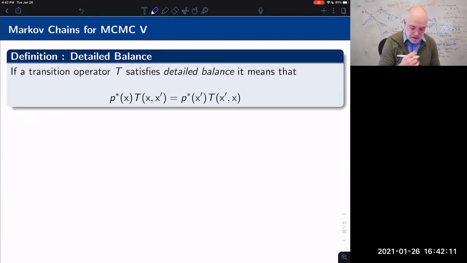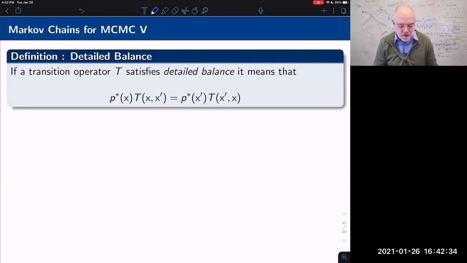Okay. So again, we're going for parameterized transition operators. And there's a characteristic of a transition operator that's pretty cool, and it's basically what we use to design inference algorithms.